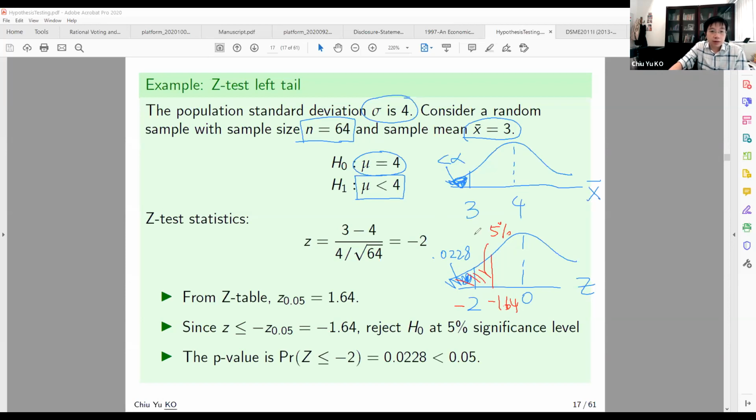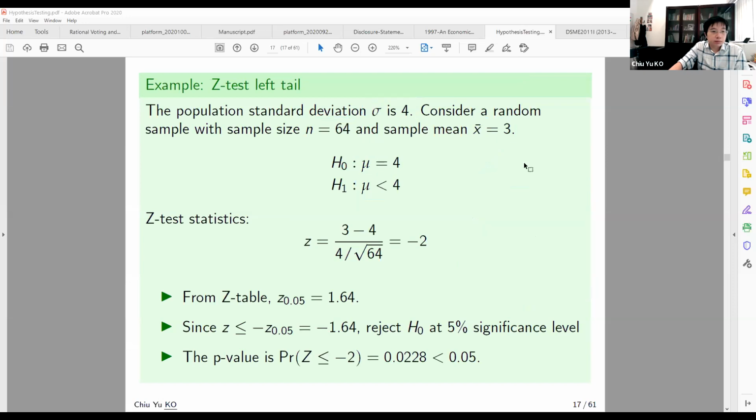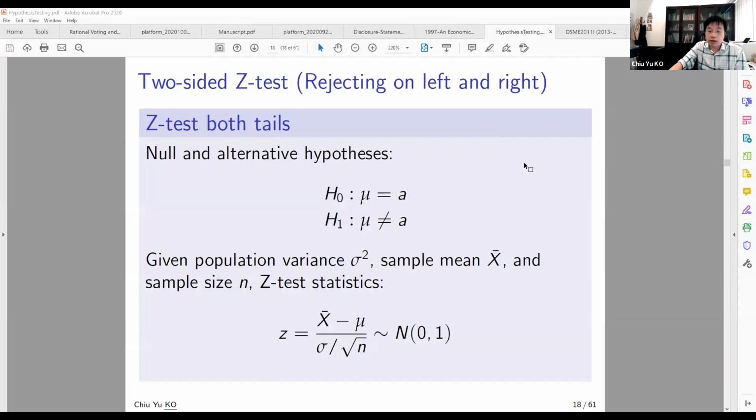Now a little bit of a combination: instead of saying more than or less than, it's not equal to.